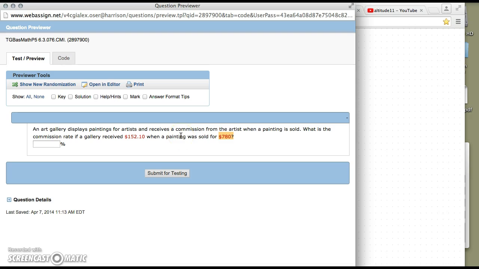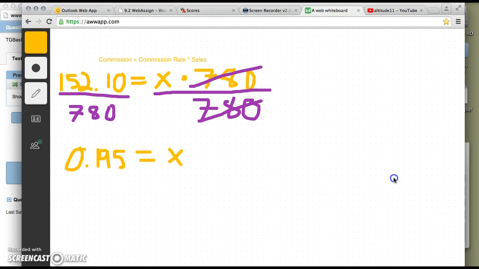It asks, what is the commission rate if a gallery receives $152.10? Notice guys down here for your answer, you have a percent sign as your units. That means your answer must be given as a percent. This is currently a numerical representation of the commission rate, not a percentage representation.